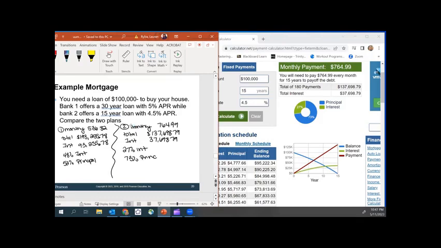Things that I see and things that I know are the shorter your loan term, the less you're going to pay in interest. But the trade-off to that is you are going to have a higher monthly payment. So if you can afford the higher monthly payment to shorten the term of your loan, you're going to save yourself in the end.